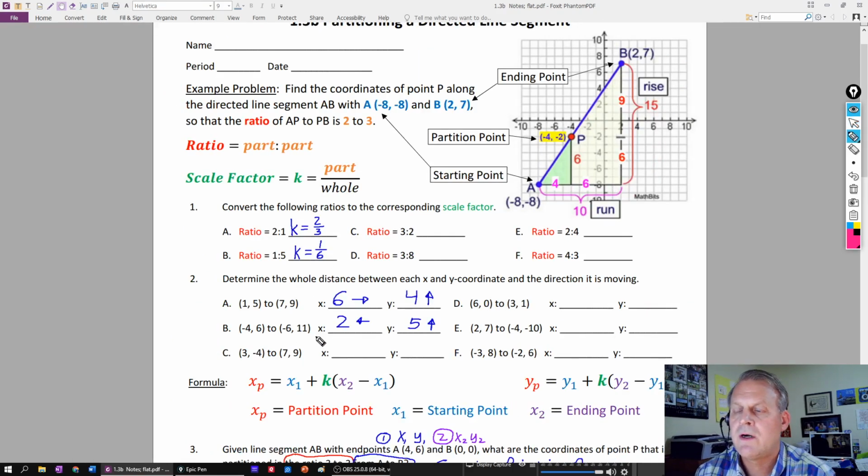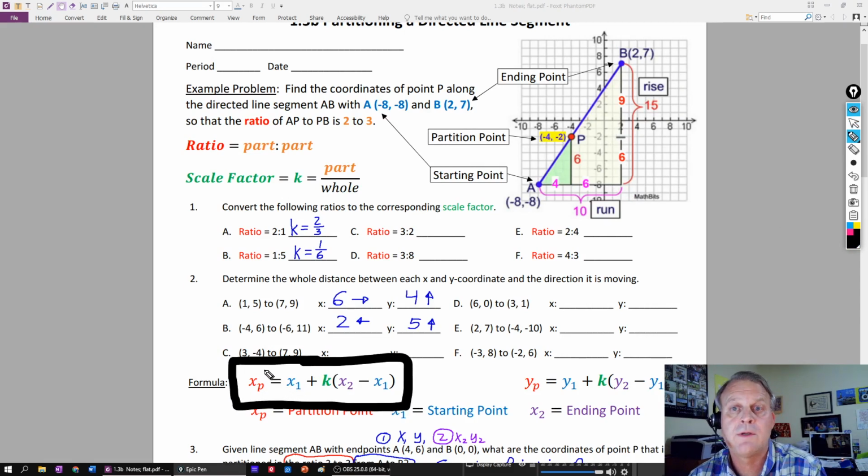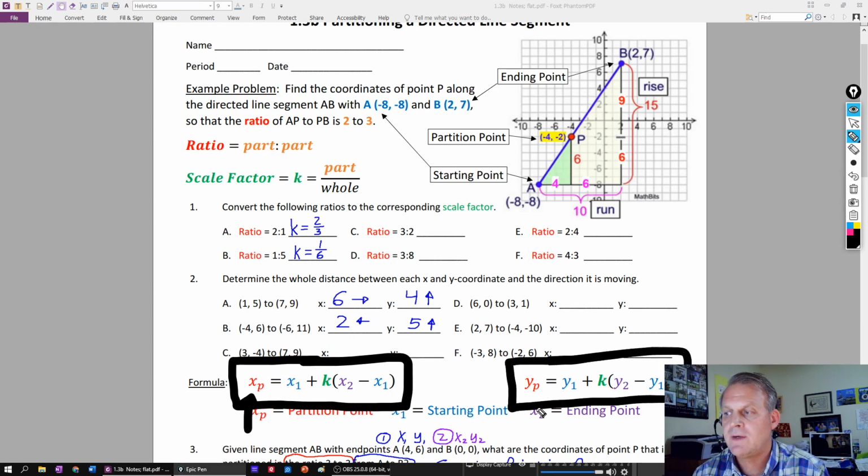So here are our formulas. And first of all, remember how I said we're going to look at the x-coordinate first? So here's our formula to find the x-coordinate of the partition point. And then here's the formula to find the y-coordinate of the partition point. I'm tired, it's hard for me to say partition.